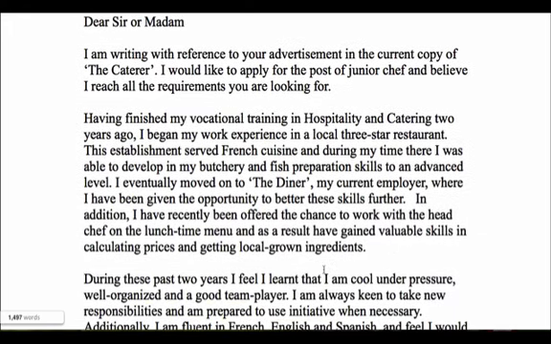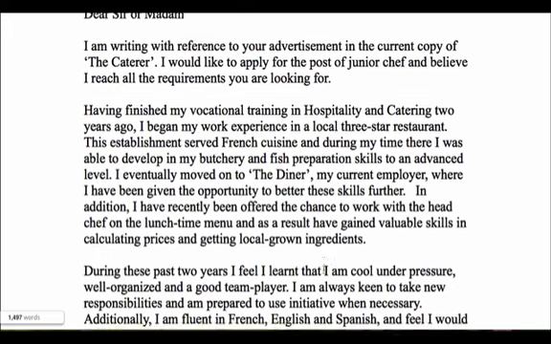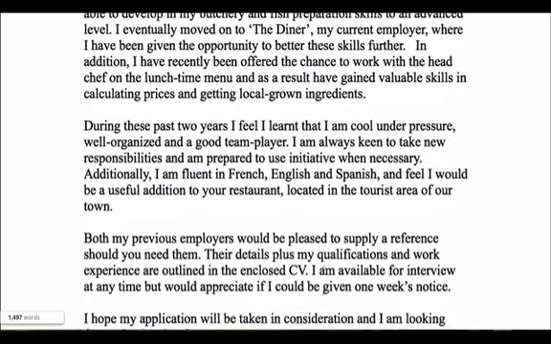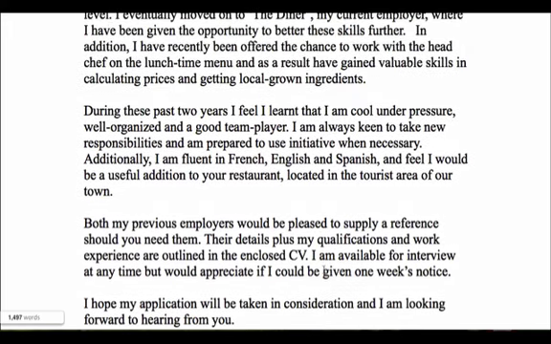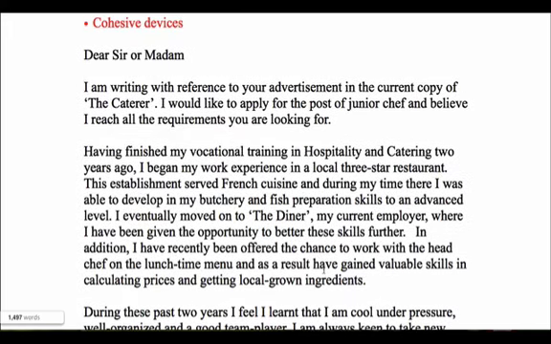So how well has the writer done in terms of organisation? Well, again, this is a well-organised formal letter. As we can see, there are 1, 2, 3, 4, 5 distinct paragraphs. Each one deals with a specific issue. The first one is a lovely introduction, explaining where they've seen the advertisement and which position it is they're interested in applying for.